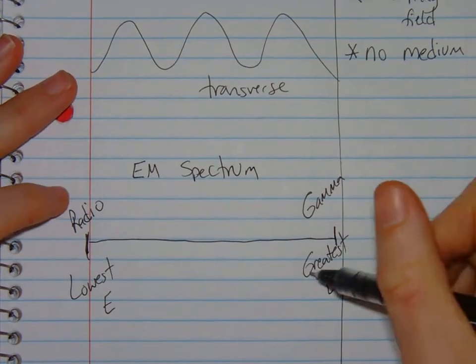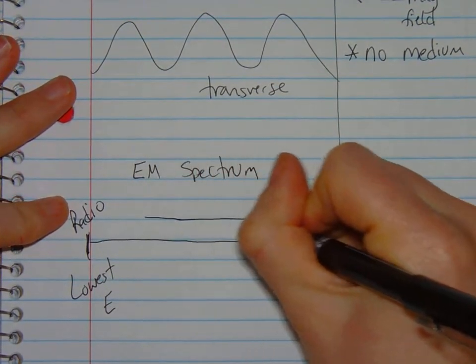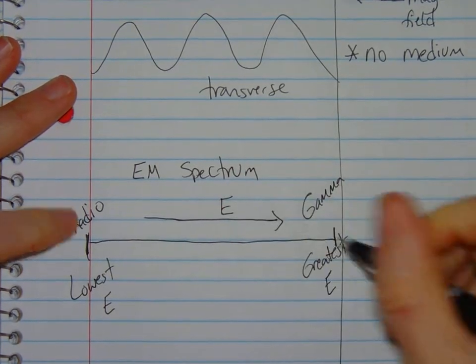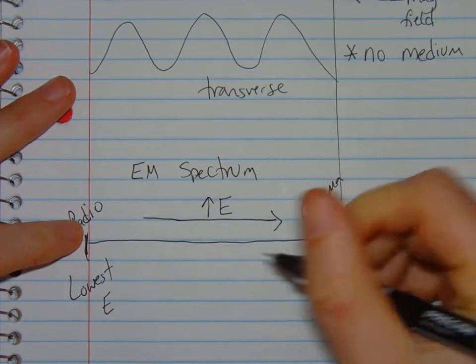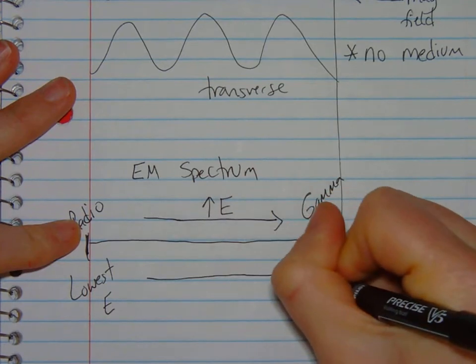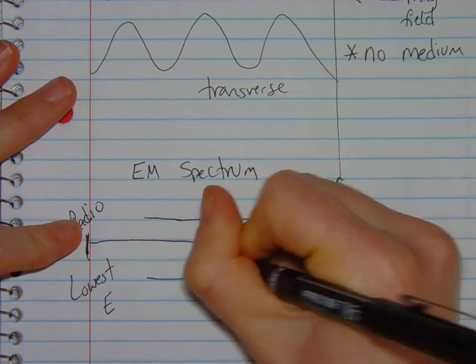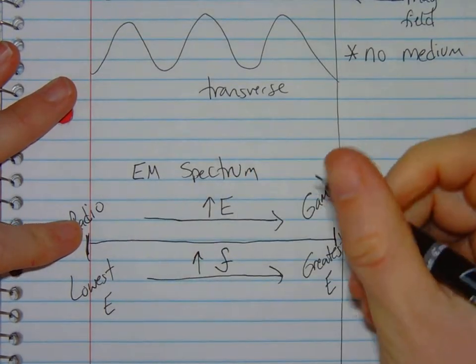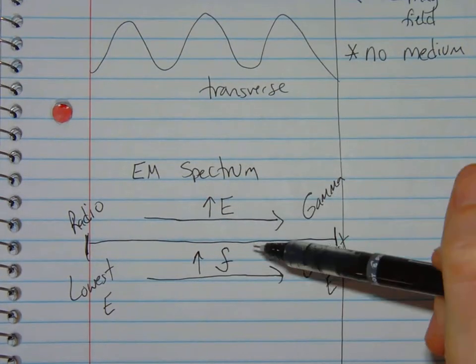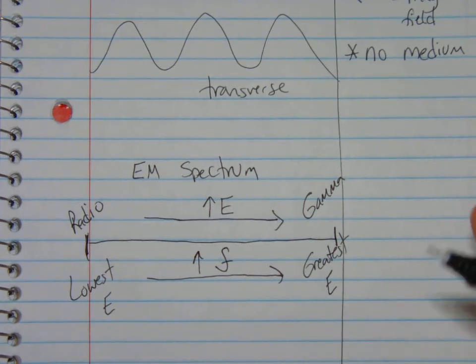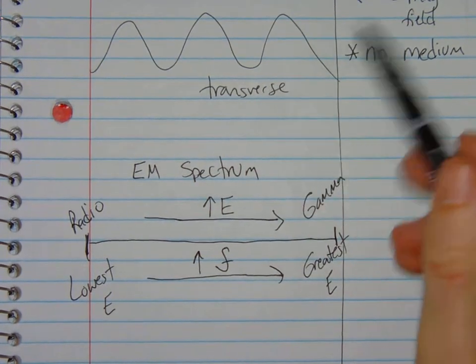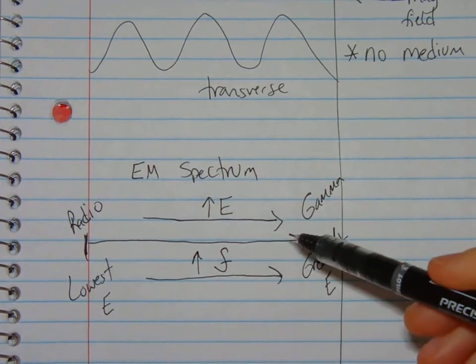So we know a trend is as you go to the right, energy increases. Also, as we go towards the gamma ray end of the spectrum, we see a higher frequency. If you were able to feel these waves hitting you, which we don't, you would feel more crests hitting you in a certain amount of time.